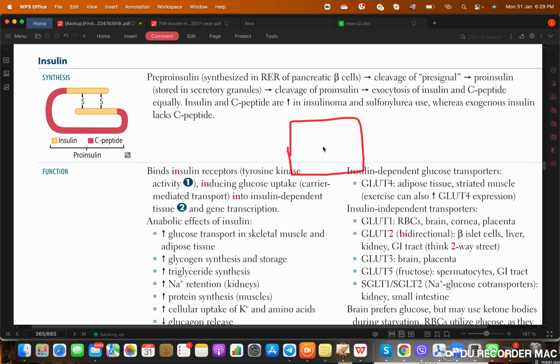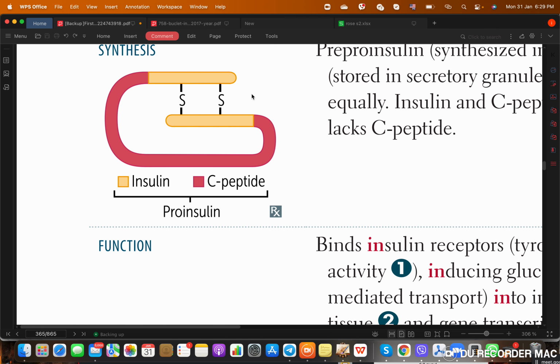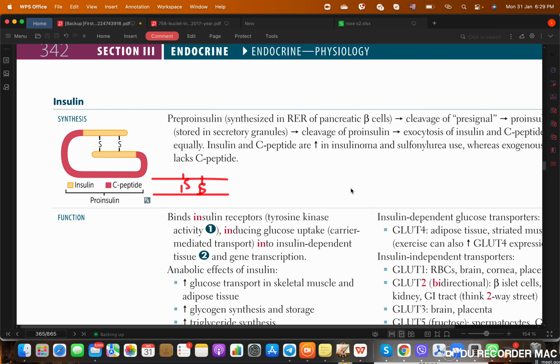Well, release it from where? From the beta cell. And next comes the next step, which is the most important one, the cleavage. So you have this thing, the proinsulin. Notice, insulin is this thing. Just like if somebody asks you what is insulin, tell him it's two chains that have a disulfide bond between them. I was once actually asked about this in real life, so it's a good party trick.